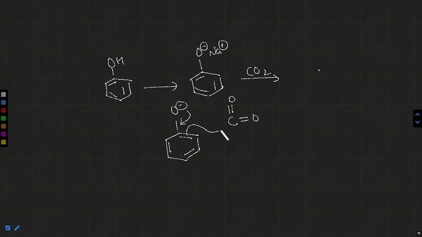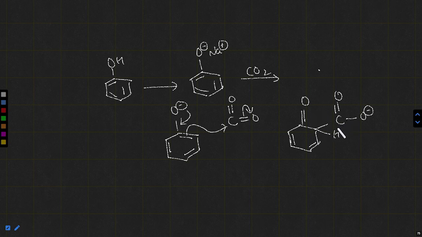This will go down and attack this carbon dioxide. Here it will bond. Here it will be C, O minus, double bond O. Clear? So this is it. Here we have hydrogen also.